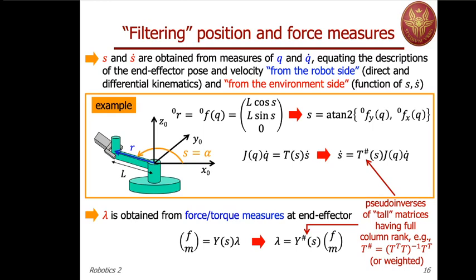We could use also, instead of simple pseudo-inversion for extracting S dot and lambda from this equation, a weighted pseudo-inversion, taking into account uncertainty and other aspects. But this filtering, in any case, is the one that accompanies the implementation of hybrid force motion control.